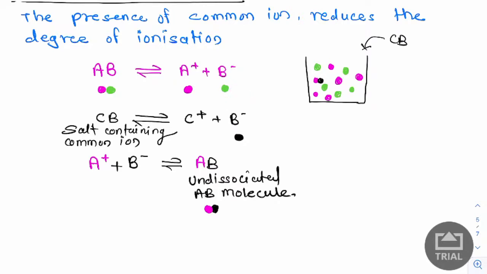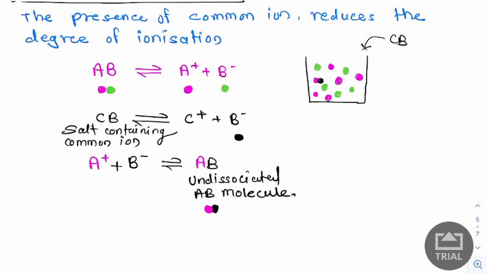Now this is a container containing this ionic solution, and we have the anion as well as the cation with us. Now I will add another salt which has a common ion. So CB is another salt and the common ion is B minus. When I add this CB into the solution, what will happen?